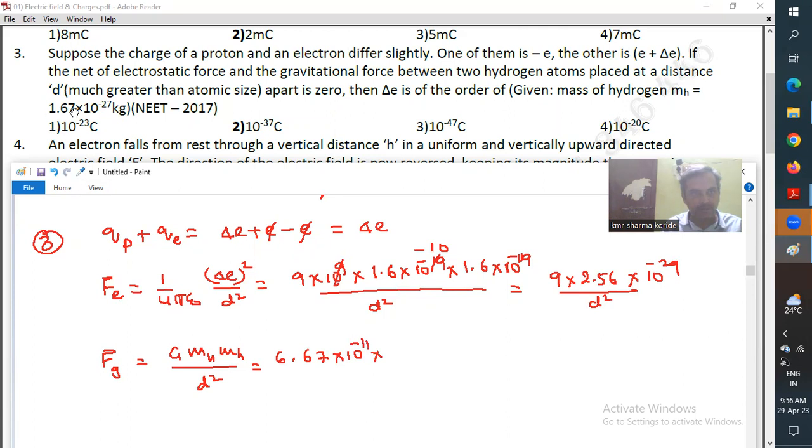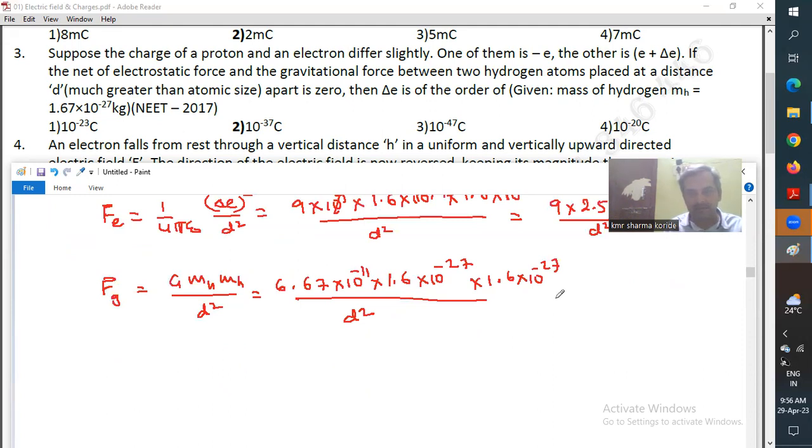Mass of hydrogen they mentioned in the question is roughly 1.6 into 10 to the power of -27, and one more 1.6 into 10 to the power of -27, divided by d square. So let us divide second by first. Before that, simplify further if possible.